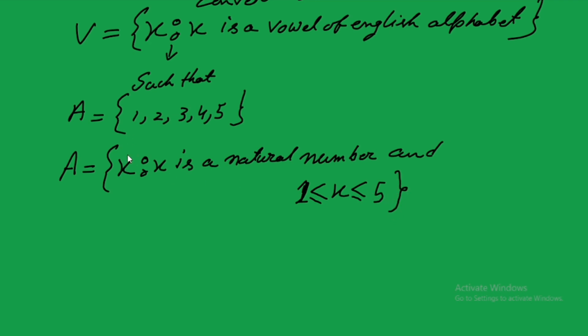So you all have to represent roster form in this way, roster form to set builder form. Here is the set builder form. We have A is equal to, in curly braces, 1, 2, 3, 4, 5, and this is converted in set builder form: A is equal to, in curly braces, x such that x is a natural number, and the well definition is 1 less than or equal to x and x less than or equal to 5.